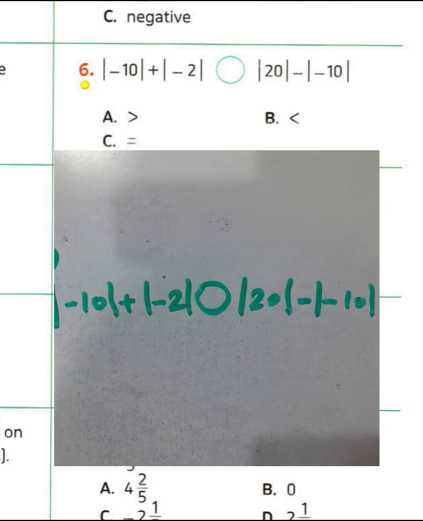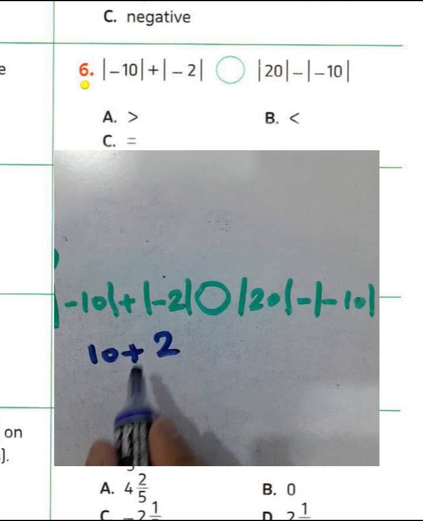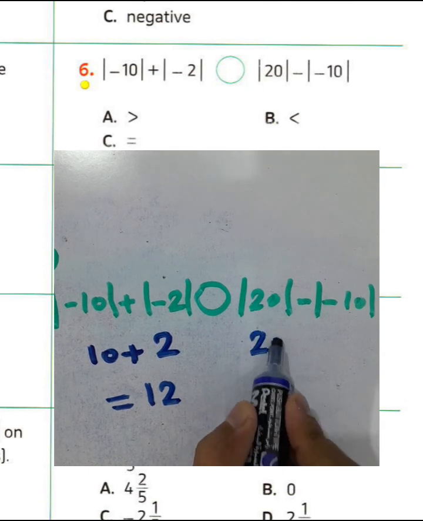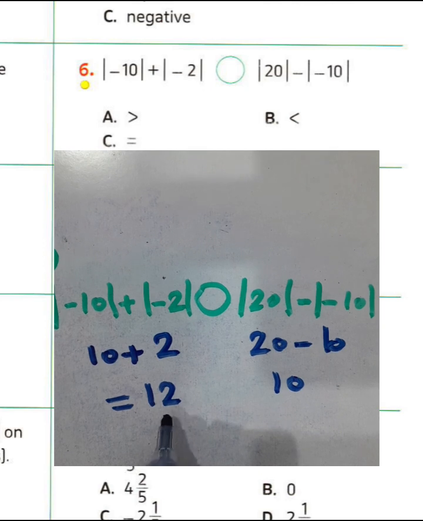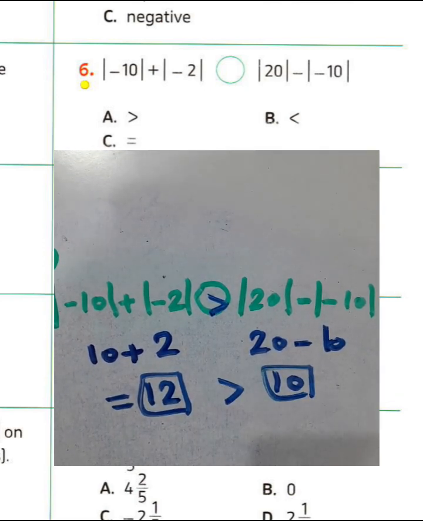We can find the result of each one. The absolute value of negative 10 will be 10. The absolute value of negative 2 would be 2. 10 plus 2 equals 12. And here the absolute value will be 10. Subtract 10, the result will be 10. Then 12 is greater than 10. Choose letter A for question number 6.